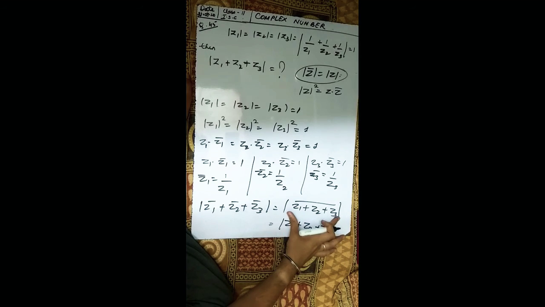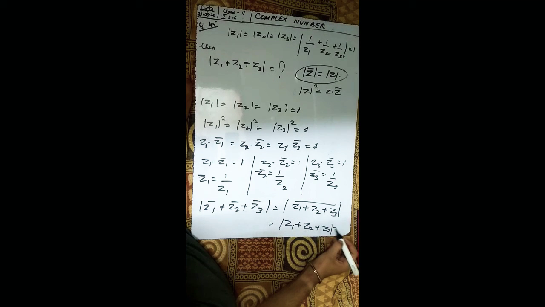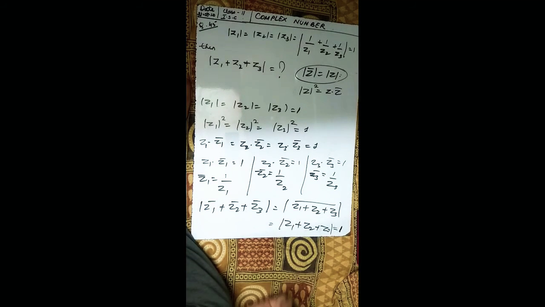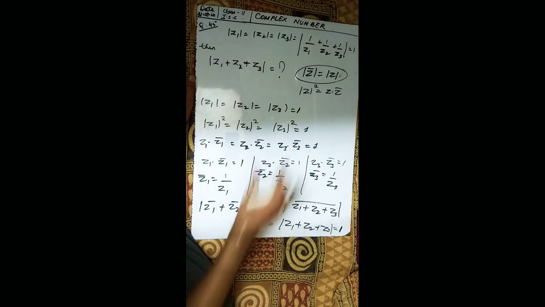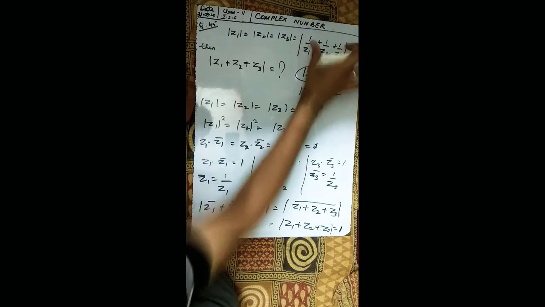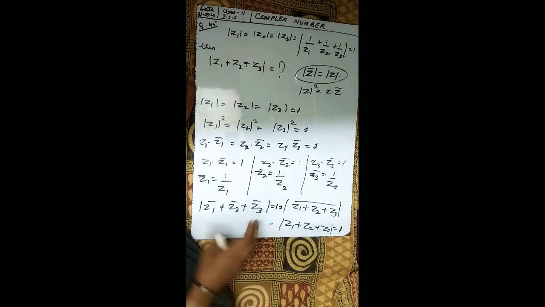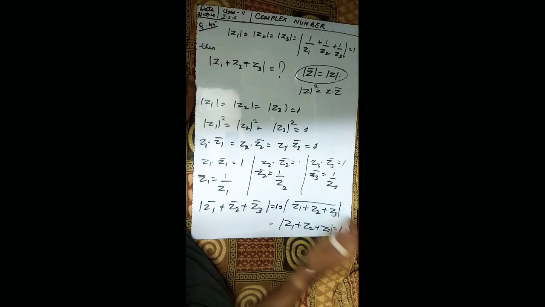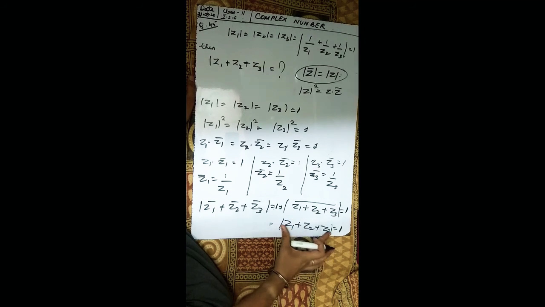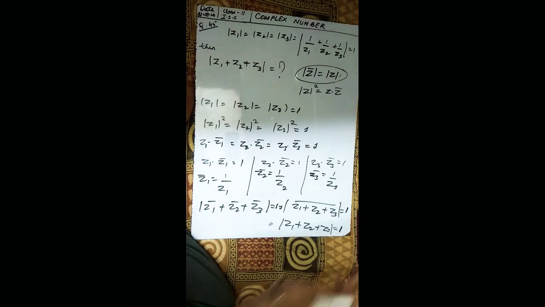Okay, if this is equal to 1, that means this is also equal to 1, because we are equating this. So finally, modulus of z1 plus z2 plus z3 is equal to 1.